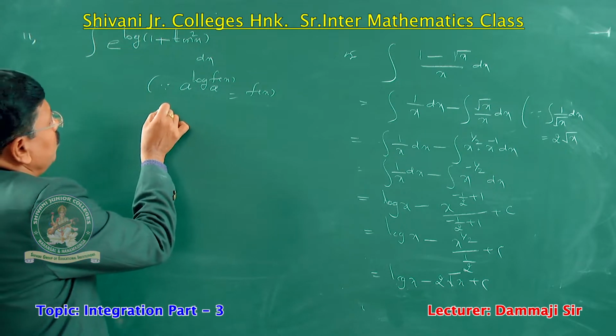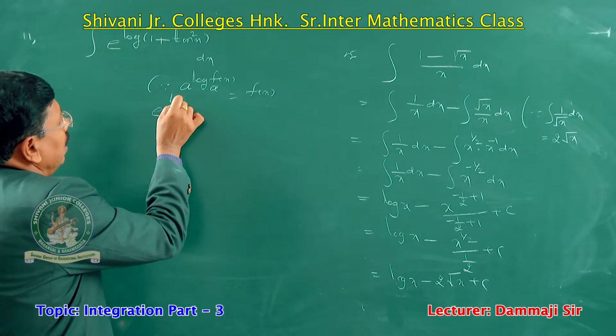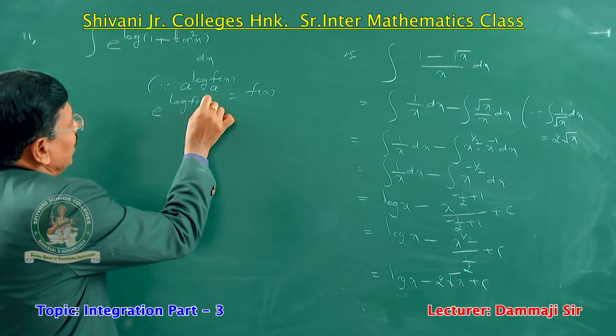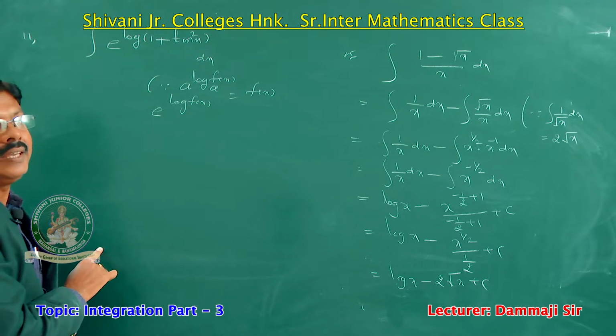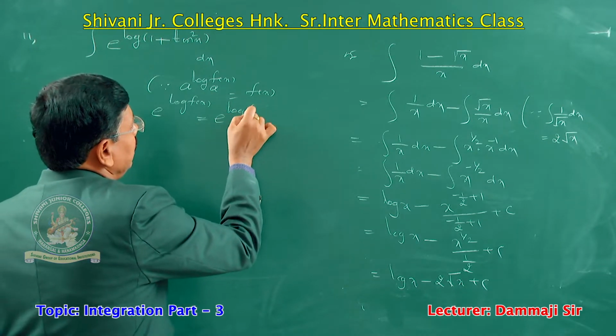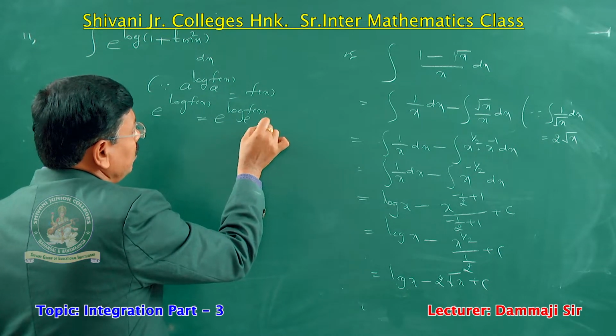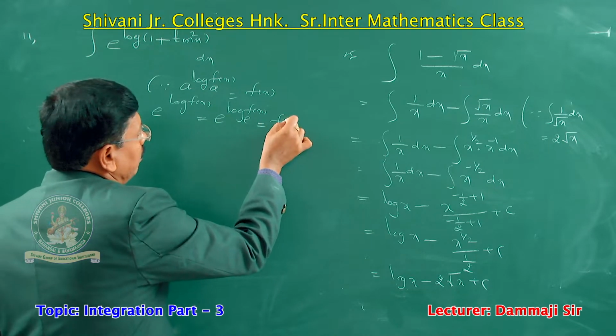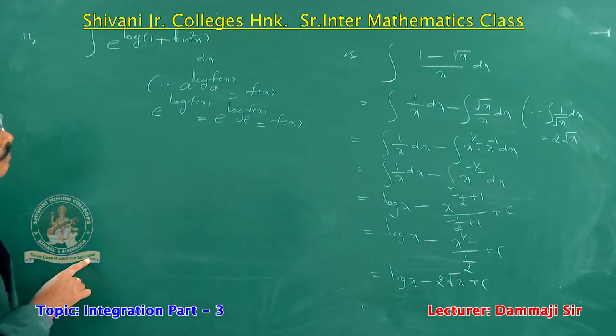One more: e power log f of x. We should not mention the base e, but we can write it; we have the base e only. The result is nothing but f of x. Okay, fine.